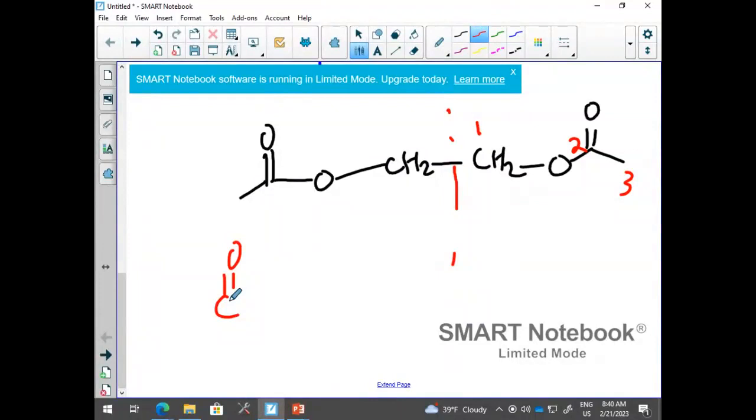That means in this bond, carbon carries a great amount of positive charge, and oxygen carries a great amount of negative charge, because oxygen is a lot more electronegative than carbon. So this one is very polar. When this bond is stretching, meaning it becomes longer or shorter, the dipole moment changes a lot, because here is the positive charge and here is the negative charge.